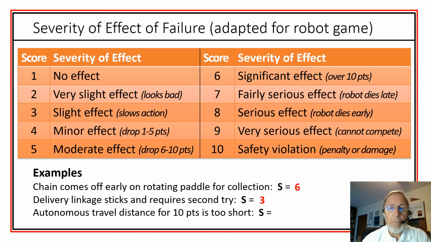What about an autonomous failure, where we send the robot off for a specified travel distance in order to get 2 points, but occasionally it ends up going too short of a distance? Well, okay, so if it comes up too short, then it can't score, can't get those 10 points.